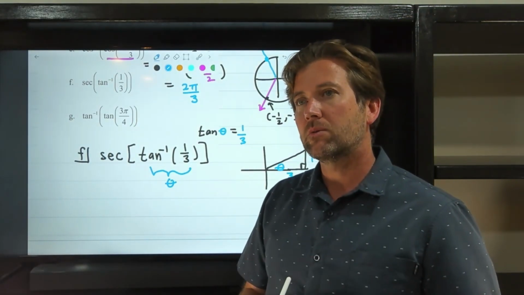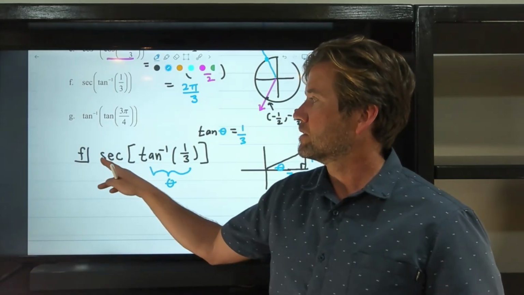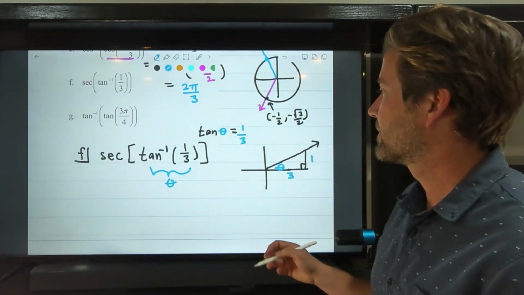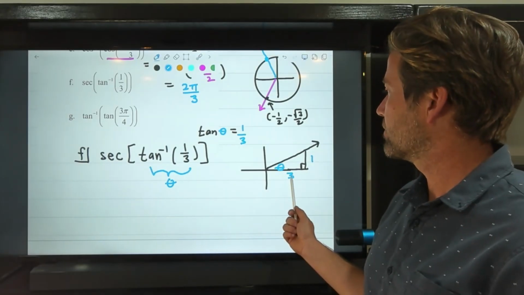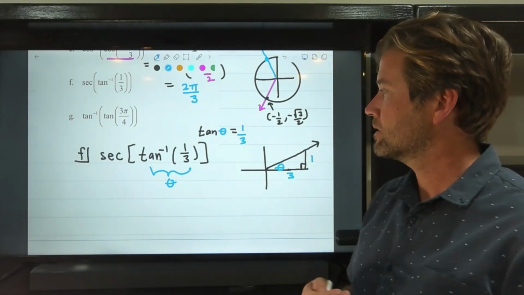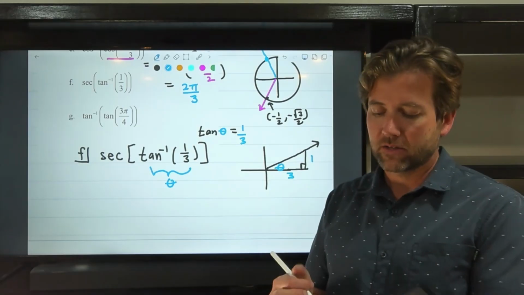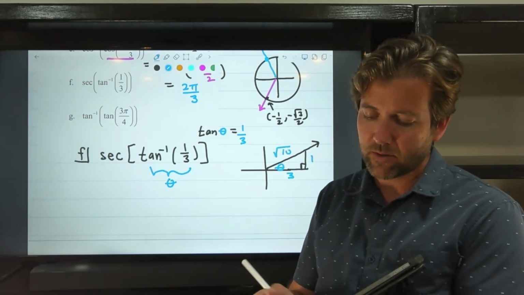The secant of this angle is the reciprocal of cosine. So I'm going to need to know what the hypotenuse is. I'll use the Pythagorean theorem. 3 squared plus 1 squared. Well, 9 plus 1 is 10. So this is the square root of 10.